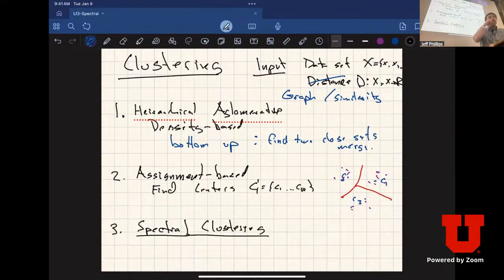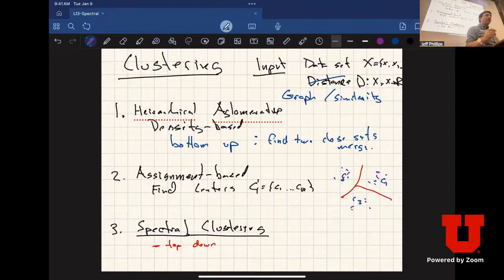This will differ from the other ones in a couple of ways. One is that it's going to be top down. The hierarchical is bottom up, where I merge things, or even the DBSCAN we talked about, density based, you're merging things which are nearby to each other and building these groups.